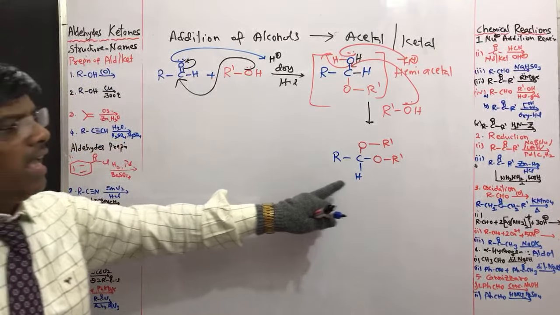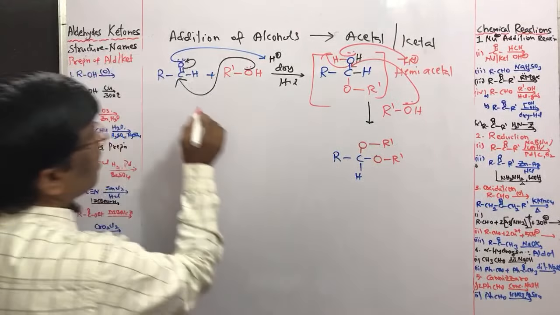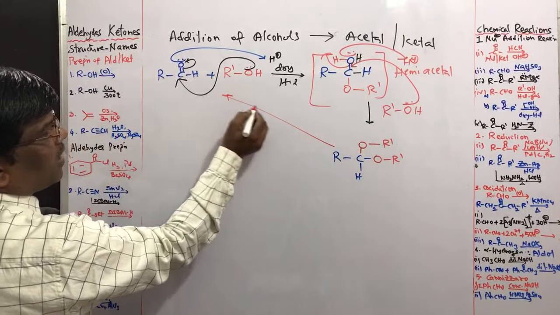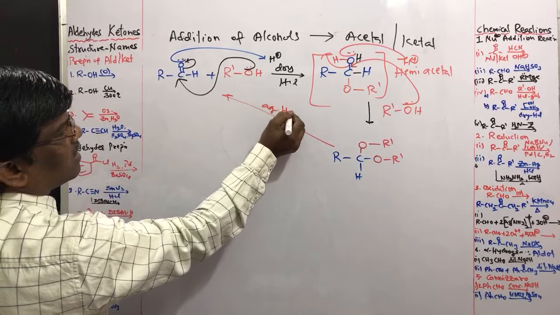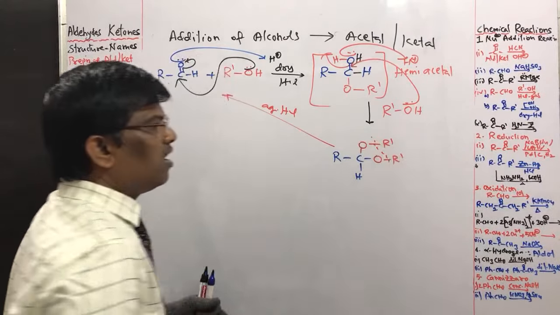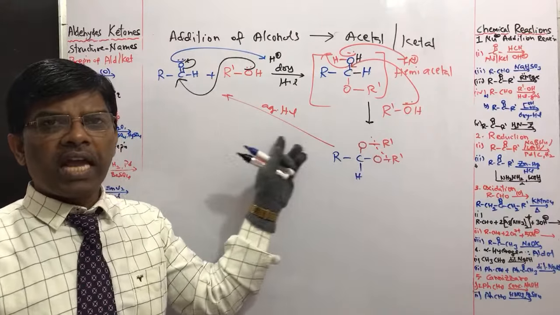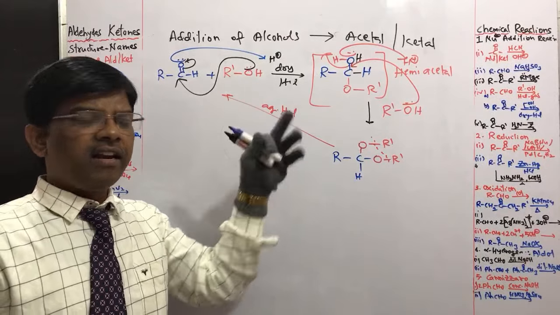This is an acetal. Dear students, when I treat this acetal with aqueous HCl, it is going to hydrolyze very easily. We can get the aldehyde back from the acetal by simple aqueous acid hydrolysis.